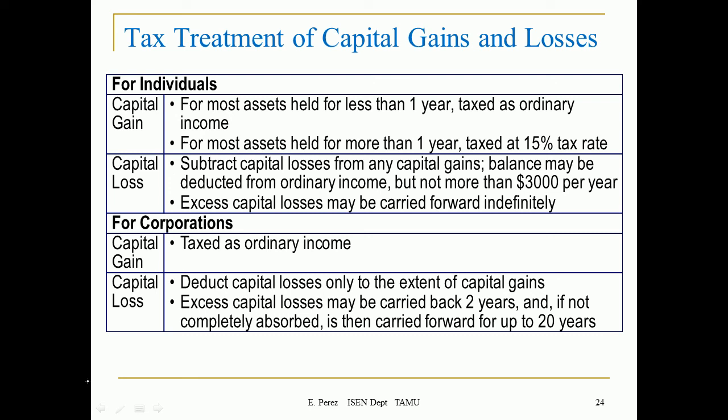So this table basically lists the tax treatment of capital gains and losses. For individuals, if you have a capital gain, for most assets held for less than a year, taxes are ordinary income. But for most assets held for more than a year, then they are taxed at a 15% tax rate. If you have a capital loss, then you subtract the capital losses from any capital gain, and the balance may be deducted from ordinary income, but not for more than $3,000 per year.